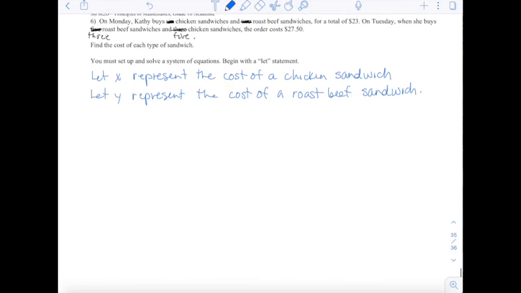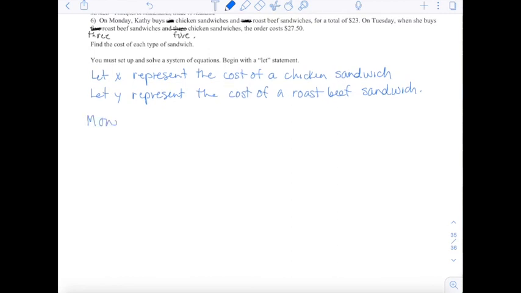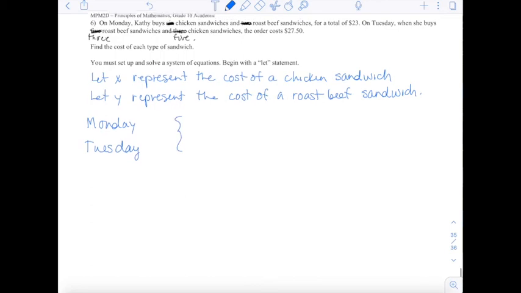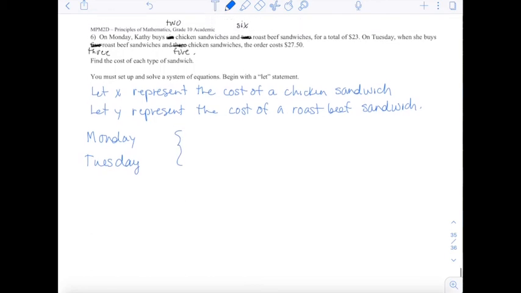And what we can do is use her Monday info to write one equation, and we can use her Tuesday info to write a second equation. So on Monday, we had 2x plus 6y, and that costs $23.